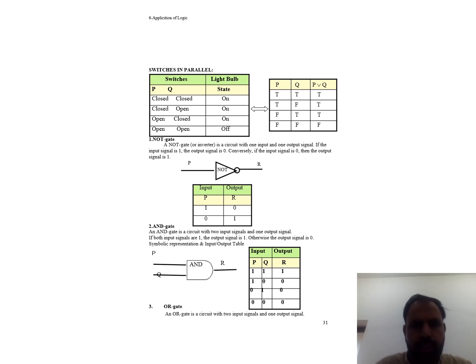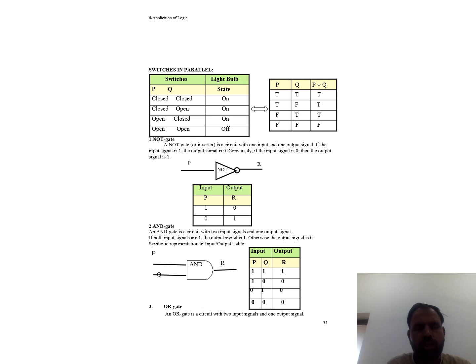Now the AND gate. An AND gate is a circuit with two input signals and one output signal. If both input signals are 1, the output signal is 1. Otherwise, the output signal is 0.